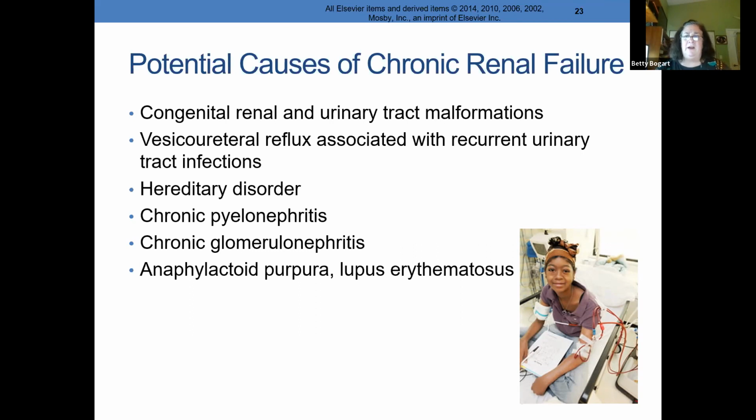Sometimes it's hereditary. I was very surprised at the hospital where I did nursing clinicals. I was on a floor that I didn't work on, the GU floor. It did have a dialysis unit up there. And I was like, why are kids in renal failure?